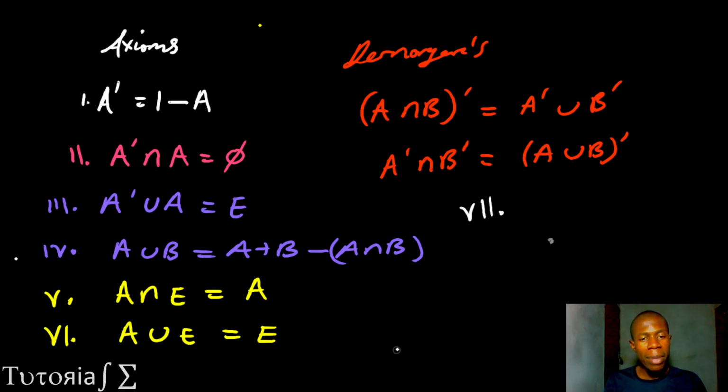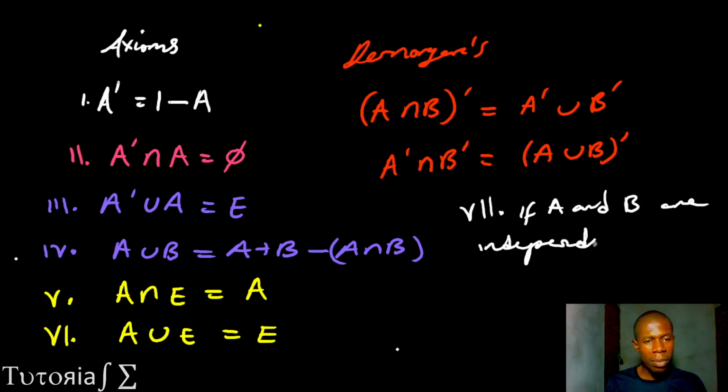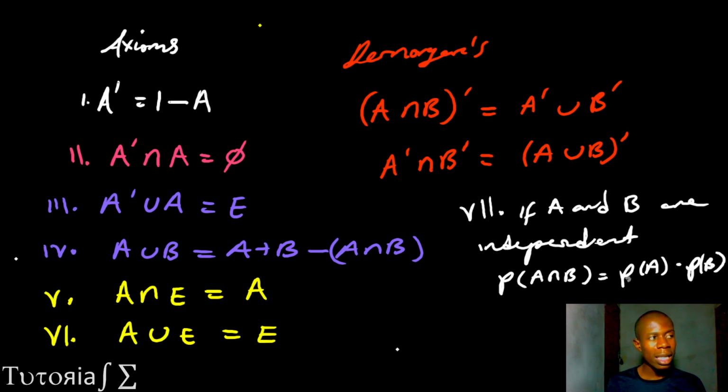If A and B are independent, then the probability of A intersection B is equal to the probability of A times the probability of B. So we can simply say A intersection B is equal to A times B. That is for independence.